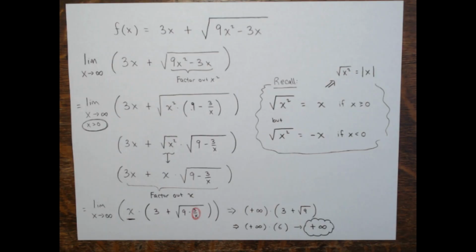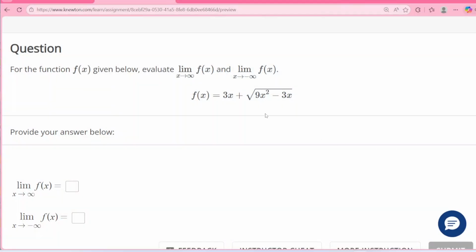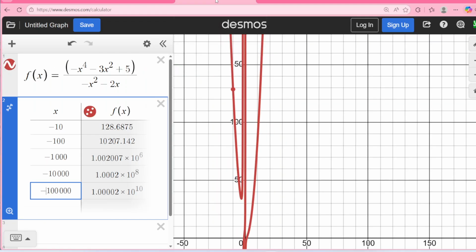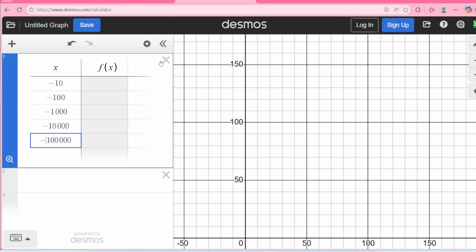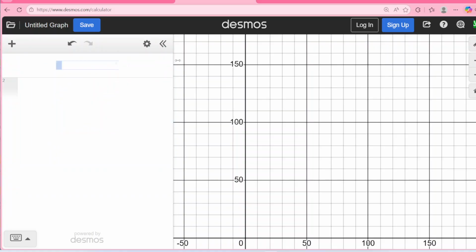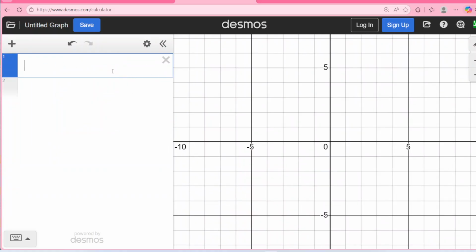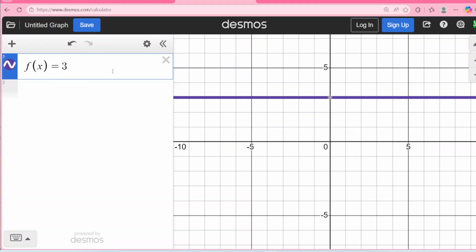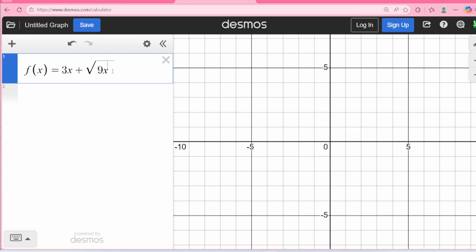Now, we can see that in a graph and in a table. I'm going to punch this function into Desmos. So here is the function we were given: f of x equals 3x plus the square root of 9x squared minus 3x.